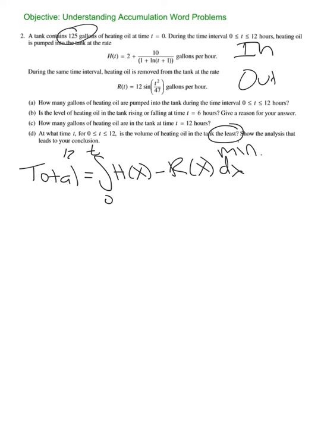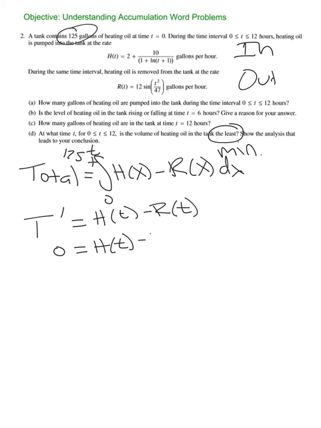We can do 125 plus. So then to find the least, that's a minimum. So T prime equals, the derivative of 125 goes away, H of T minus R of T. Set that equal to 0. So when is H of T equal to R of T?